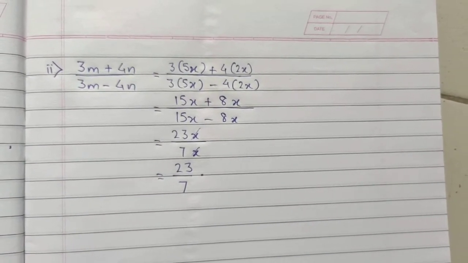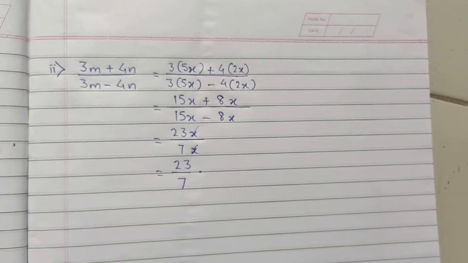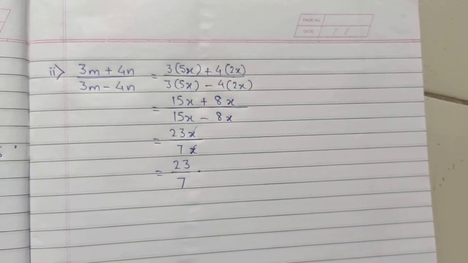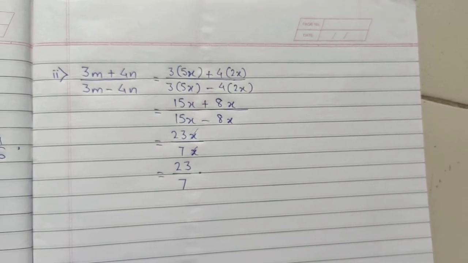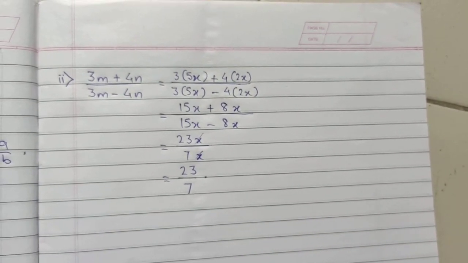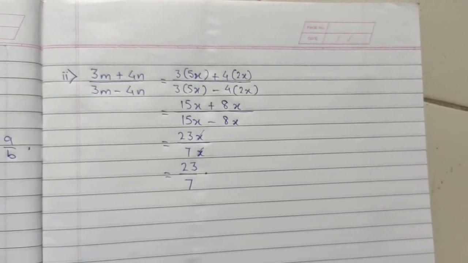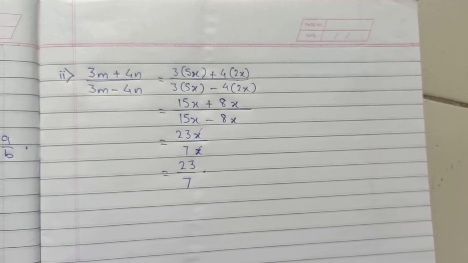Now students, for today I am stopping because this much is enough for you. Today we have learned what the theorem of equal ratios is, and you also know how to use it.